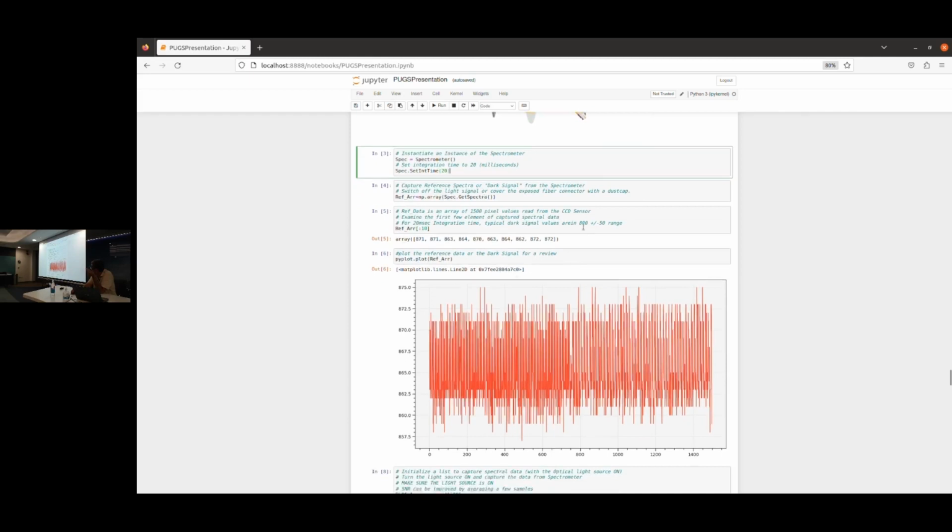The first reading that you take with a camera device is a dark reading. You have no optical signal. You capture the spectra that you get, and you get something that looks like this. It's random noise, electrical noise, thermal noise, light leakage, everything will contribute to this baseline.